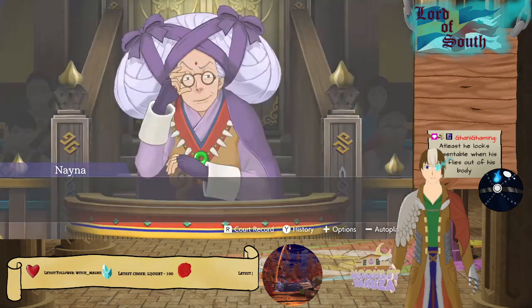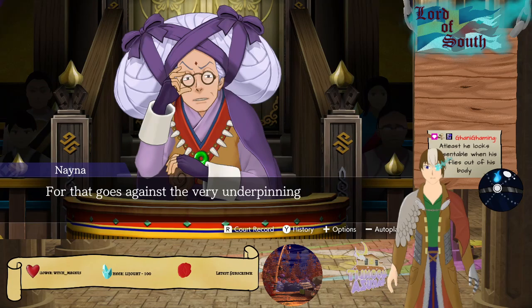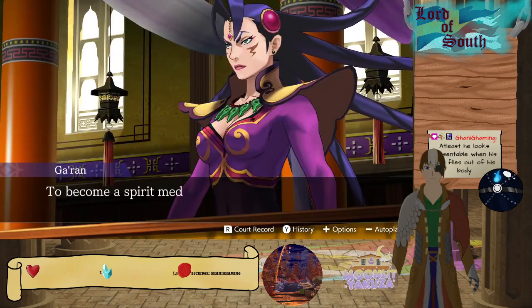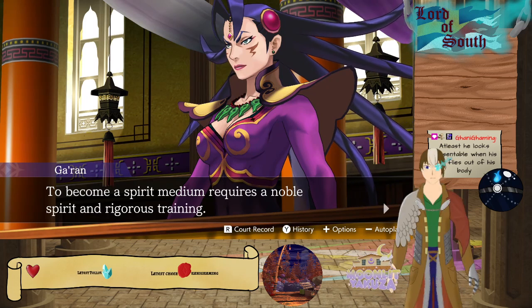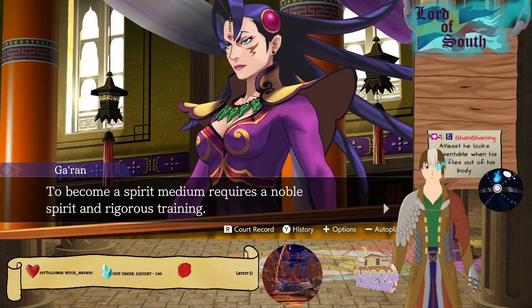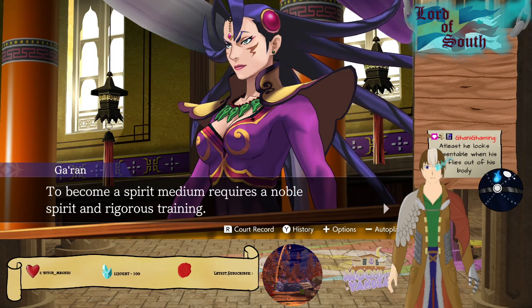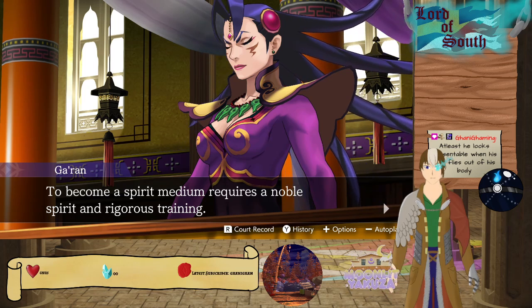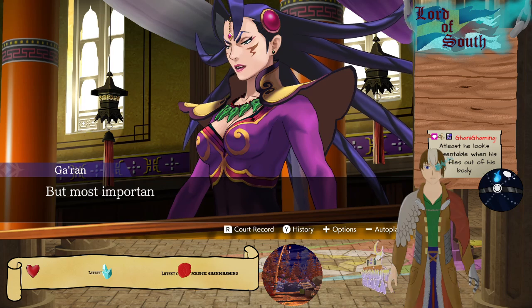I think not, for that goes against the very underpinnings of the kingdom of Kurain. To become a spirit medium requires a noble spirit and rigorous training. Rigorous, yes.